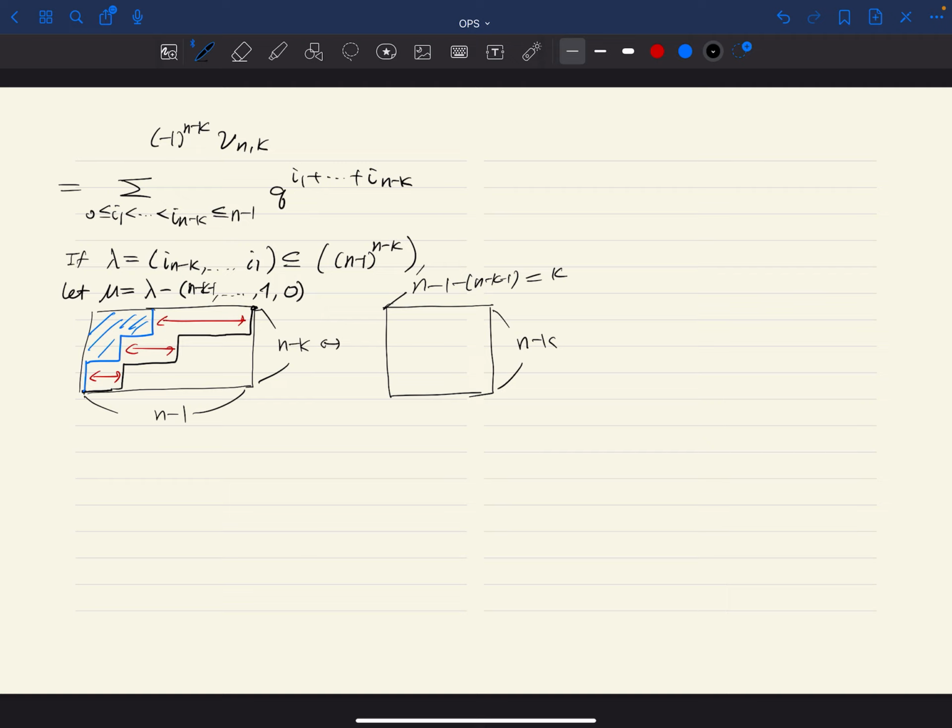K. So this is k. So you go from here, something like that. So now you don't have any restriction. You can go something like that. It's okay. They are in one-to-one correspondence.